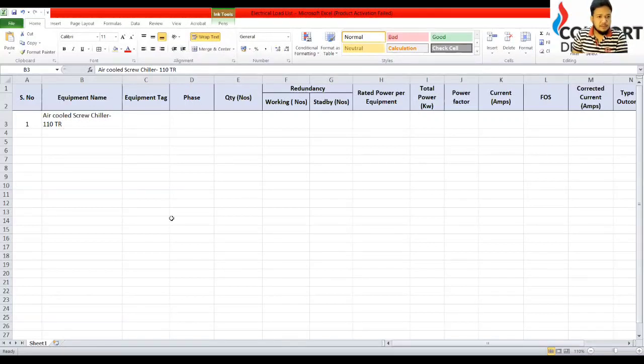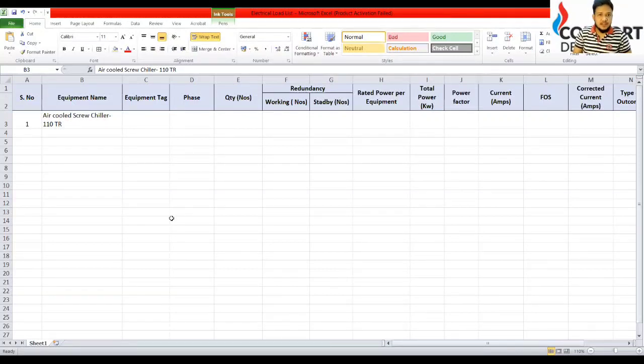After that, we have a pump set. So primary pump is for 264 US GPM, and secondary pump is of 528 US GPM, and one working, one standby.